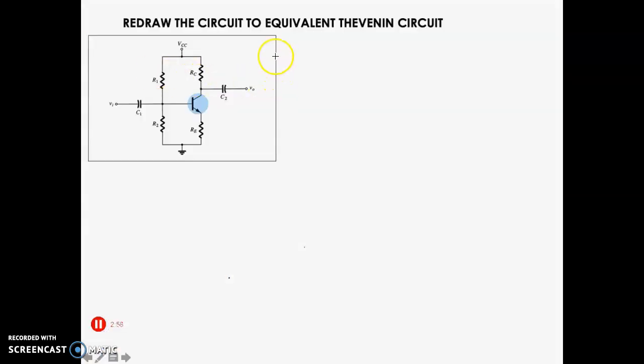Okay, so now this is a voltage divider biasing circuit. You need to change the circuit into the Thevenin circuit at the base part, from here until here. First of all, this is DC analysis, right? When you do biasing, you are doing DC analysis. Now what will happen to your capacitor? Your capacitor will be open.